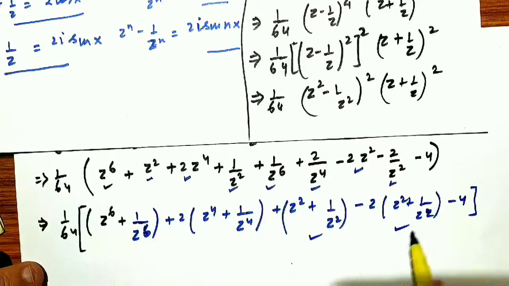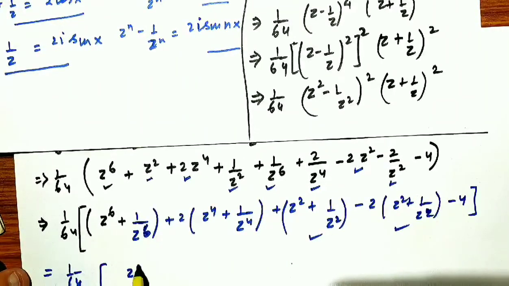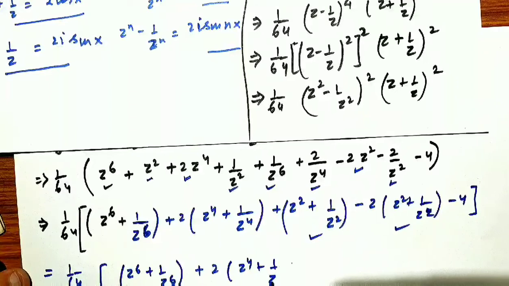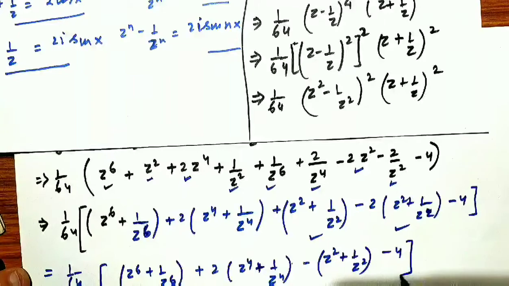Okay, so this will be 1 by 64, and this will be z to the power 6 plus 1 upon z to the power 6, plus twice z to the power 4 plus 1 over z to the power 4, and minus z square plus 1 over z square, and minus 4.